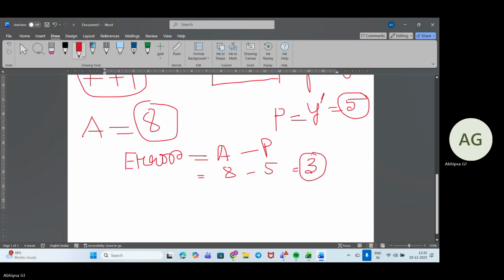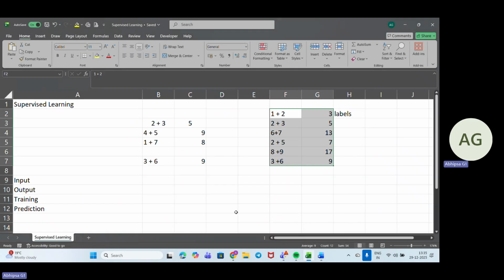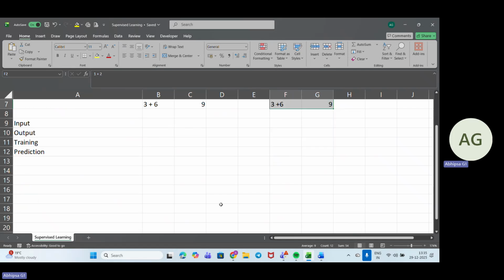Suppose the actual result is 8 and the predicted result that my model is giving is 5. So we get an error of 8 minus 5, that is 3. Okay. So this is all about supervised learning. Hope you have understood it. Right. Now coming to the two main types of supervised learning, let's discuss them.